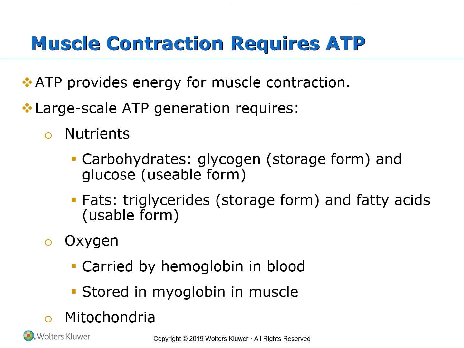In addition to those, I will need a place where I can do the burnings, where I can process the nutrients in order to generate ATP. And that place where I can produce energy is called mitochondria. And that's why muscle cells that are so active need such a big amount of mitochondria.